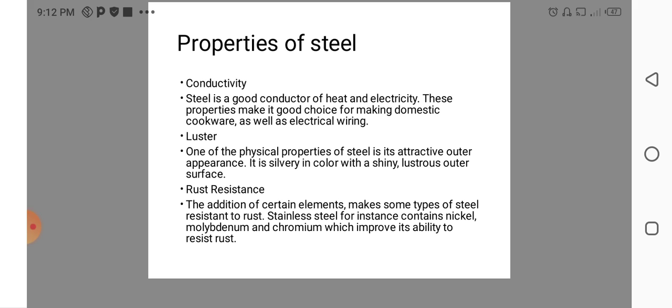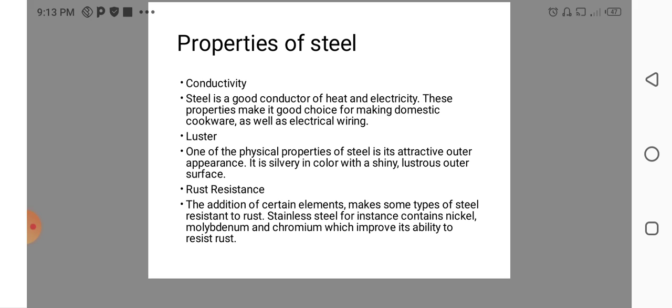This property makes it a good choice for making domestic cookwares as well as electric wirings. So steel has a wide range of use in wide fields too. Luster. One of the physical properties of steel is its attractive outer appearance. You can see steel is a very shiny material, so its appearance is good.